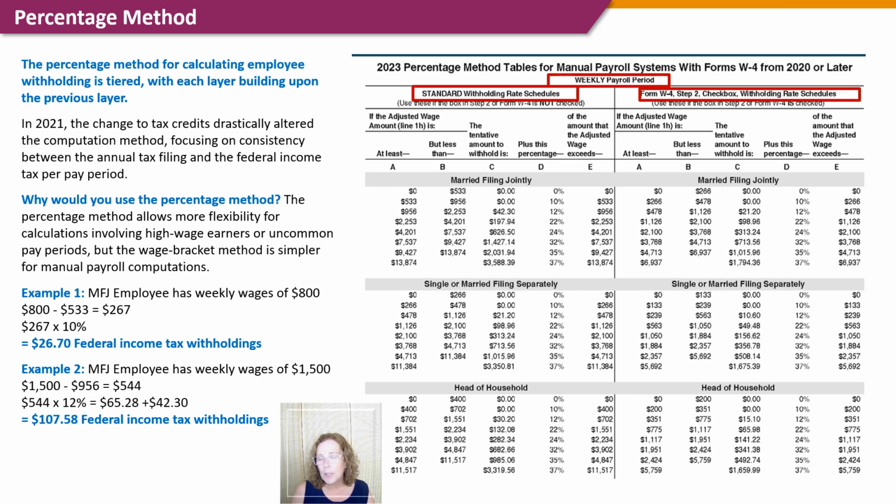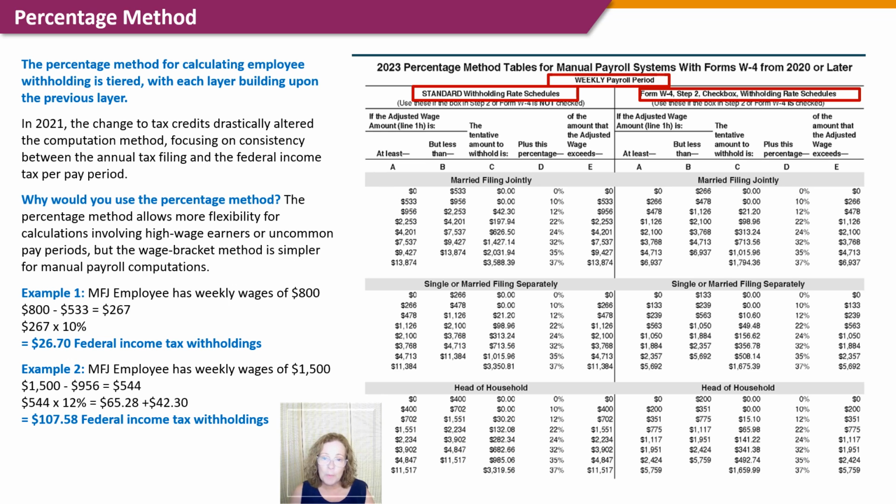The second method for calculating federal income tax withholdings for employees when the employer uses a manual payroll system is the percentage method. Publication 15T, which we previously used for the wage bracket method, as well as your textbook Appendix C, includes the percentage tables.